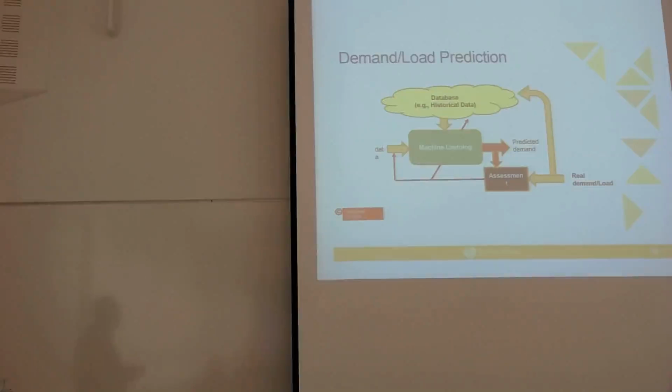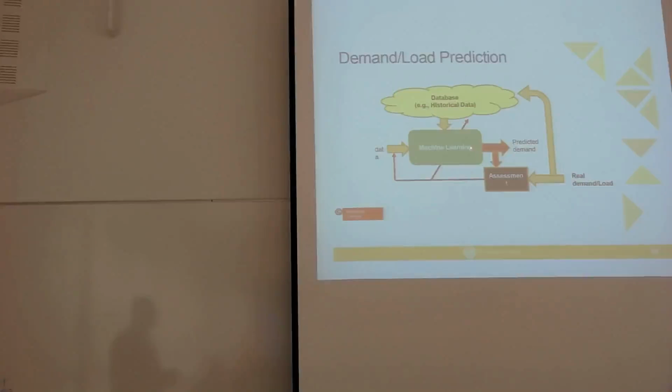So how could this be done? Usually we have a database about the history, then the machine learning will update its algorithms based on the database, and then we have a predicted demand and an assessment between the predicted demand and the actual demand.